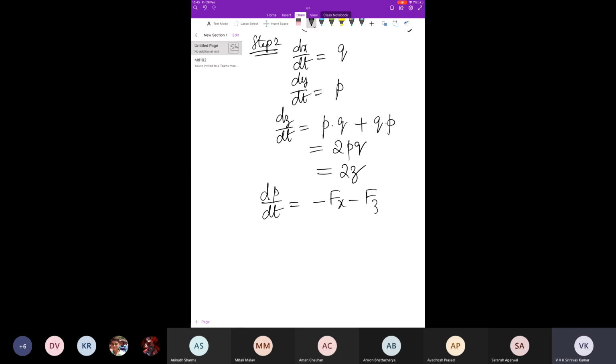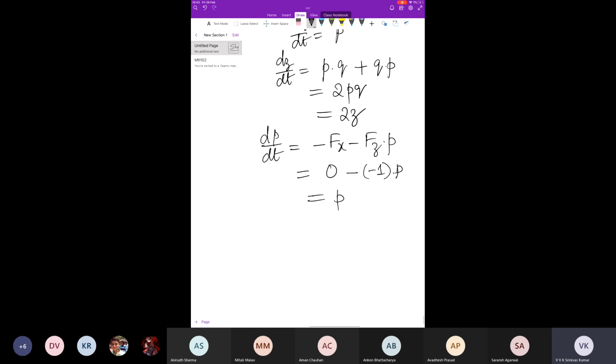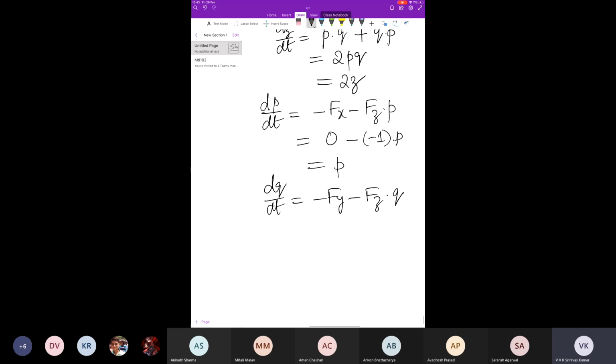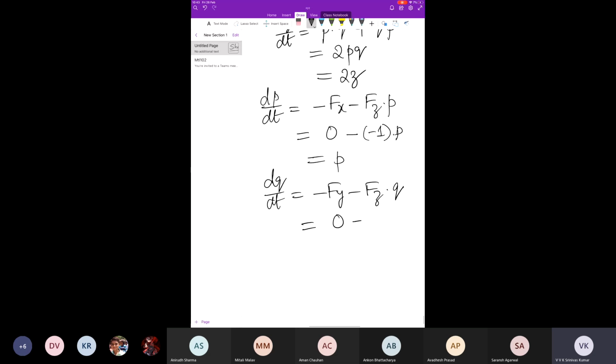Then dp upon dt is minus Fx minus Fz into P, and minus Fz is minus 1 times P, so this is equal to P. Similarly, dq upon dt is equal to minus Fy minus Fz into Q. So this is 0 minus 1 into, equal to Q.